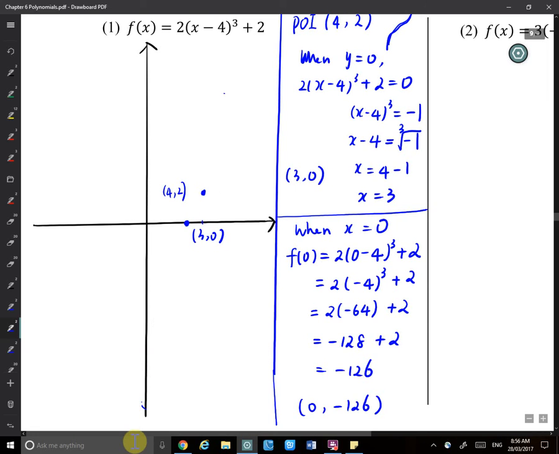Well, it doesn't look very nice. Something like that. That's the point of inflection, that's the x-intercept, and here, let's say (0, minus 126).